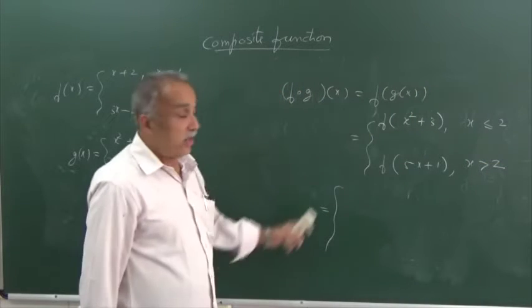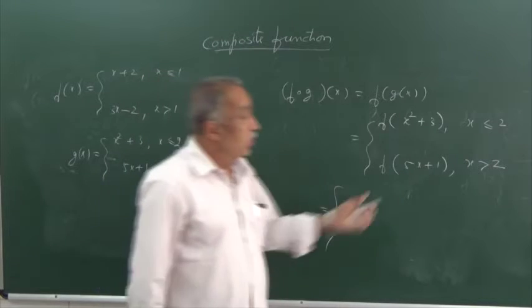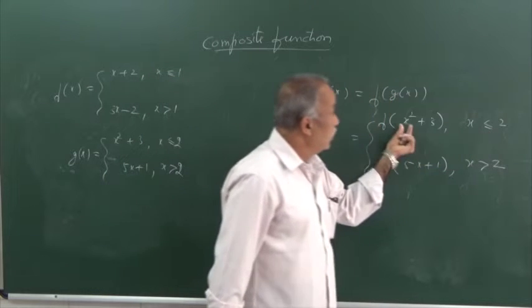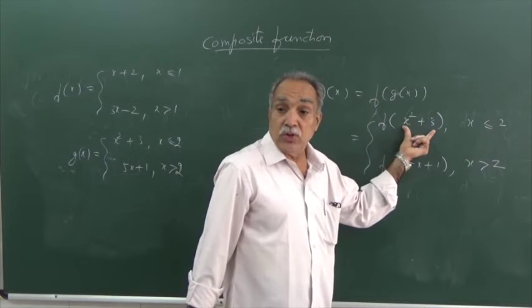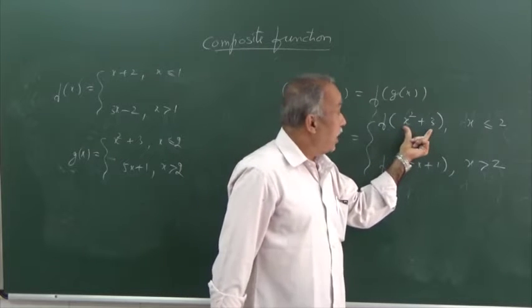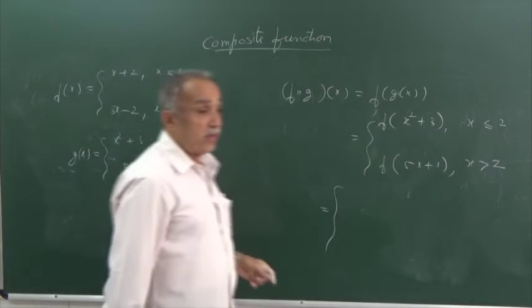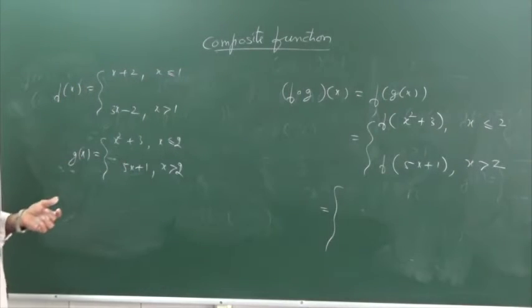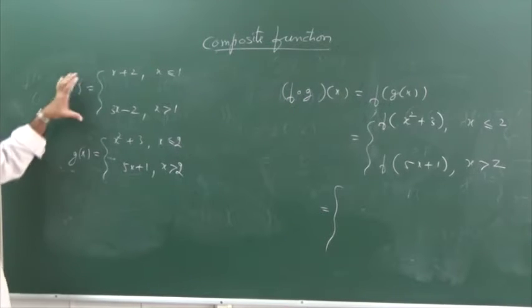Now I have to apply f for these numbers. When x is less than or equal to 2, my x square will be less than or equal to 4, and this will be less than or equal to 7. Our argument of f in the first line is a number less than or equal to 7.